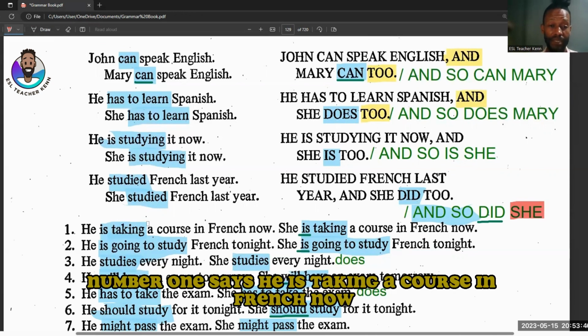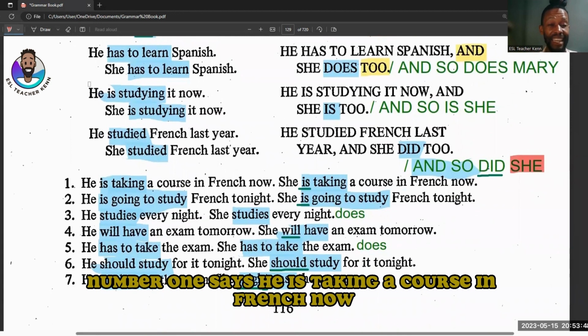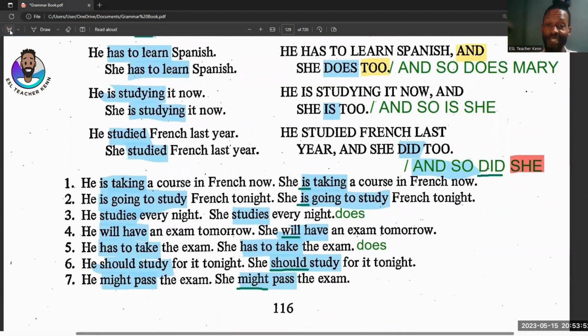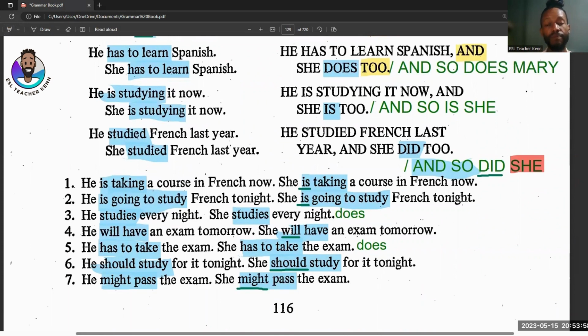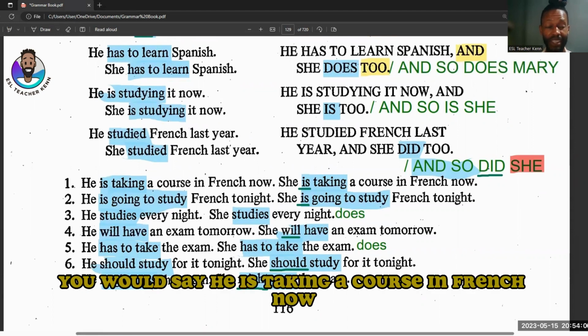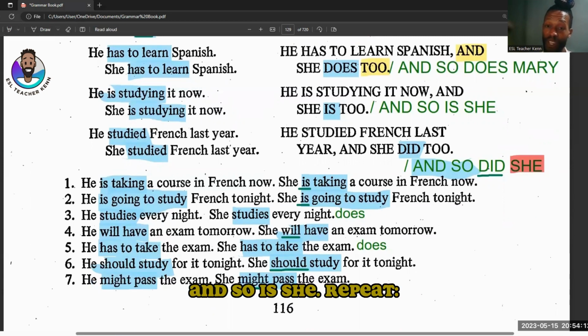Number 1 says, he is taking a course in French now. She is taking a course in French now. You would say, he is taking a course in French now, and so is she. Repeat.